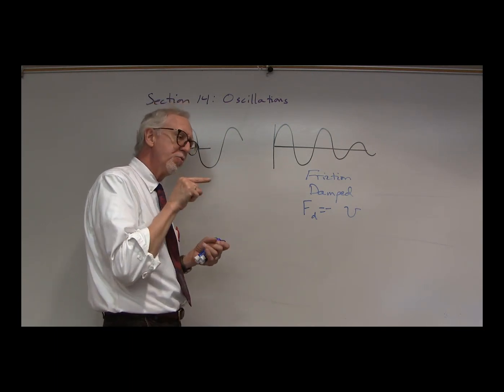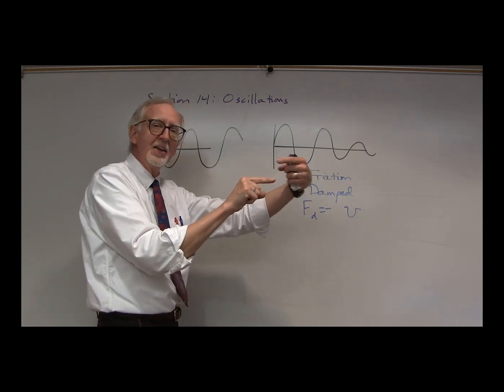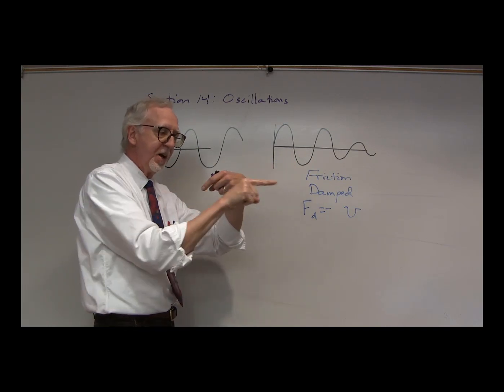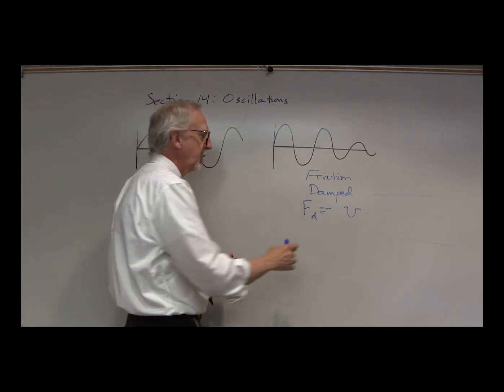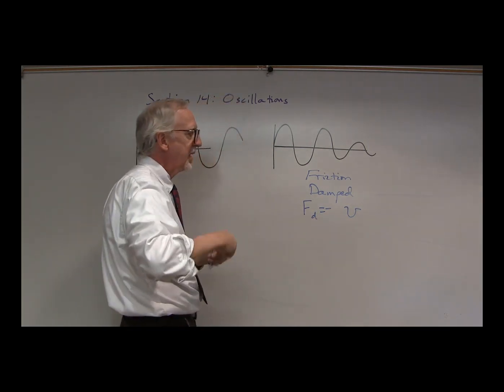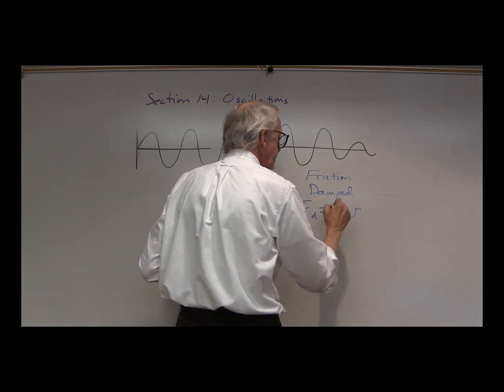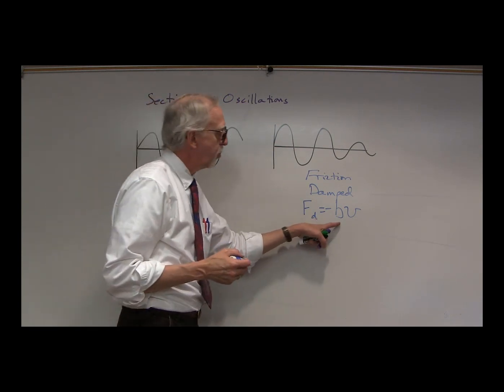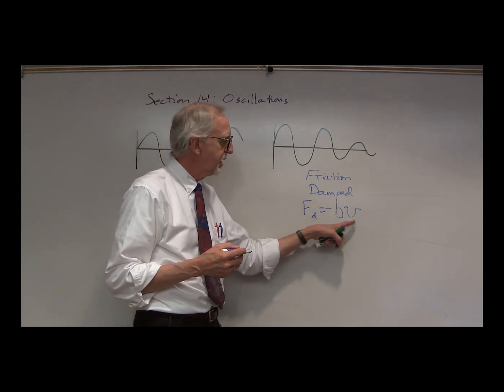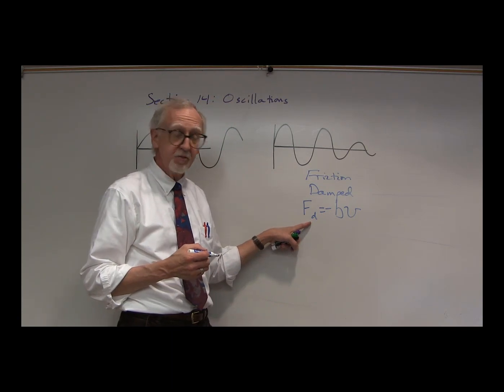So whatever the direction is, the frictional force is acting back in the opposite direction. However it's moving, the frictional force is trying to slow it down. So we have a negative term there, and to make these proportional, I will put in a constant of proportionality called b. Okay, so b is telling us the relationship between the velocity and the frictional force.